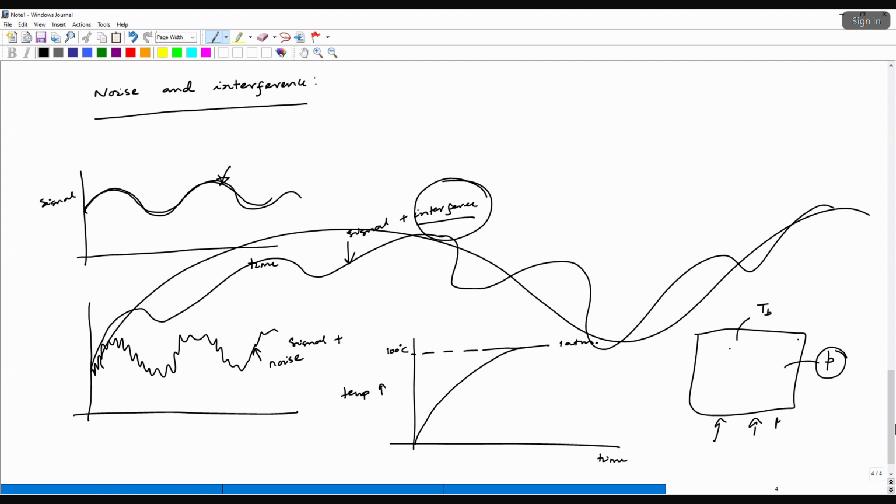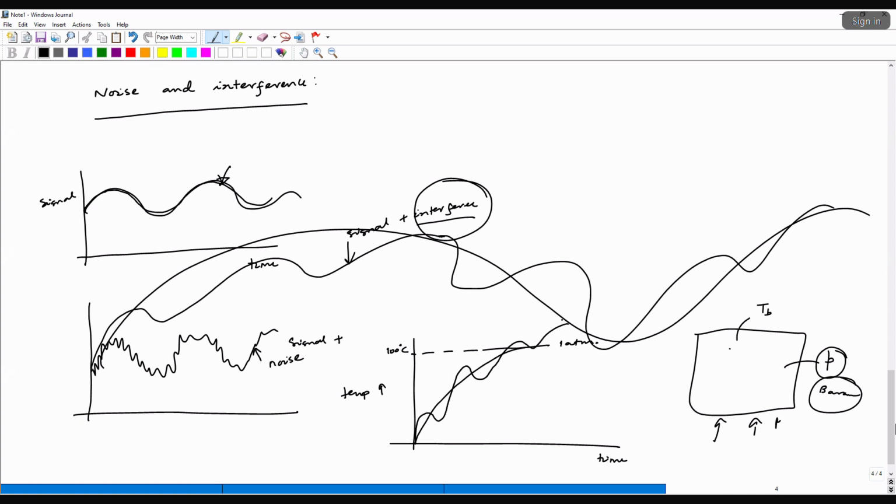Let's say you are using a barometer, and this barometer is affected by interference. So you may get a curve which may look something like that.